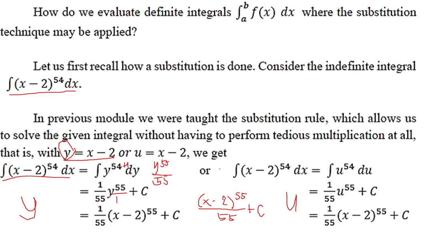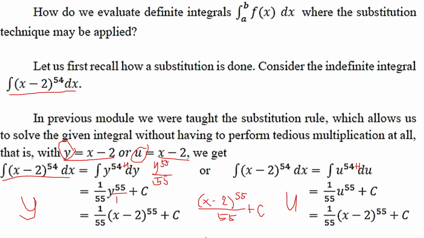It is equal to, let's use the letter u. Our u here is x minus 2. So the definite integral of u raised to 54 is 1 over 55 times u raised to 55. Where do we get the 1 over 55? 54 plus 1. So u raised to 55 over 55 plus c.